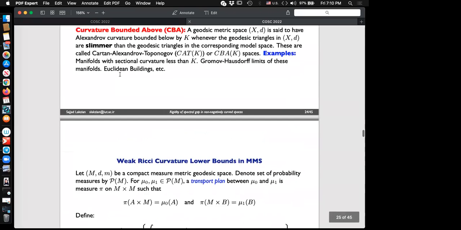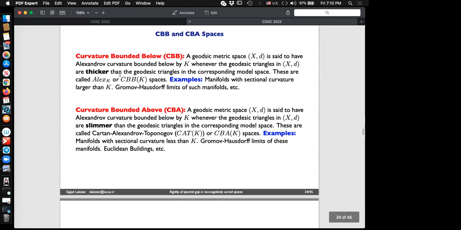I'm pretty sure everybody here knows the definitions of these bounds using the Toponogov comparison principle for geodesic triangles or hinges, looking at which one has larger size or larger angles, and the more the curvature is, the thicker the geodesic triangles are.